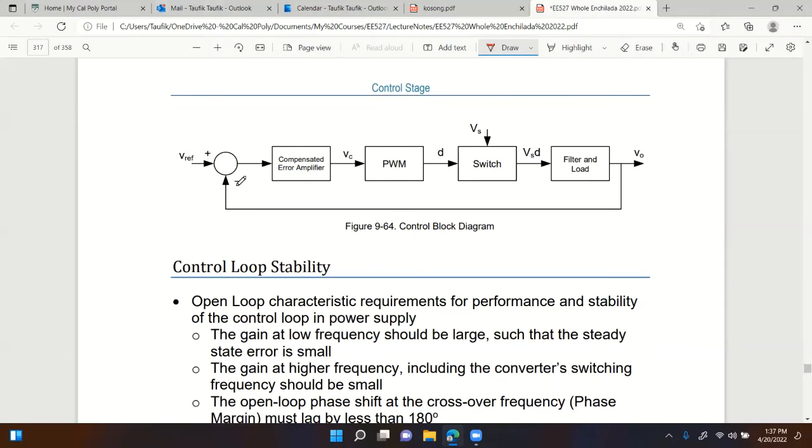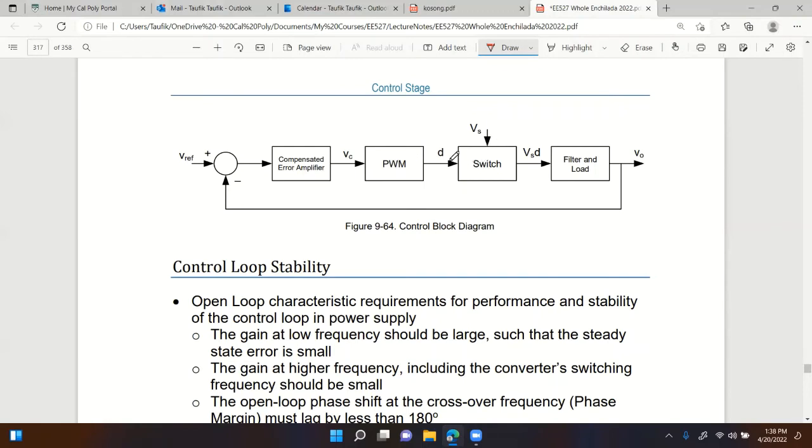And the difference between the two signals, the actual output voltage and the reference voltage, gives us the error signal, right? From the error signal, it feeds into the compensated error amplifier, and the output from the error amplifier is another error signal, which is then fed into our PWM circuit, which then produces the duty cycle, right?